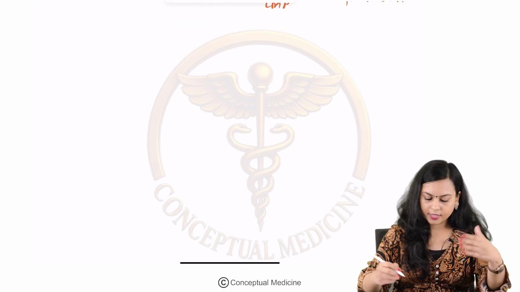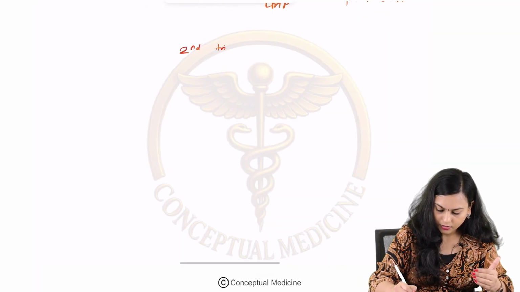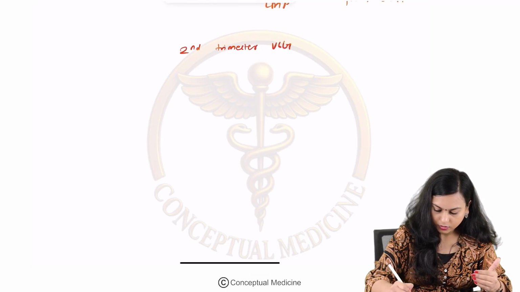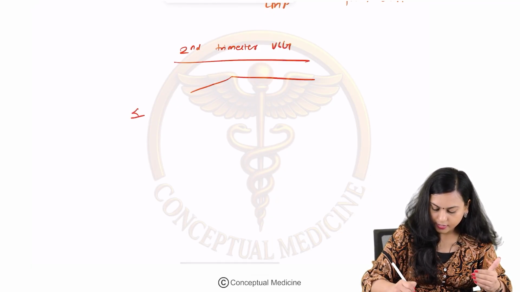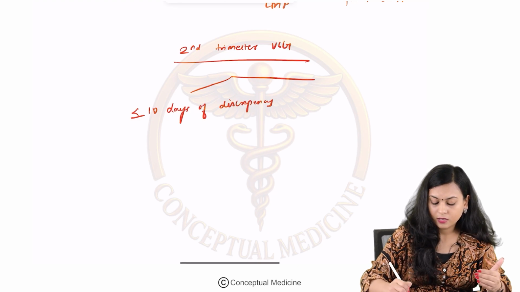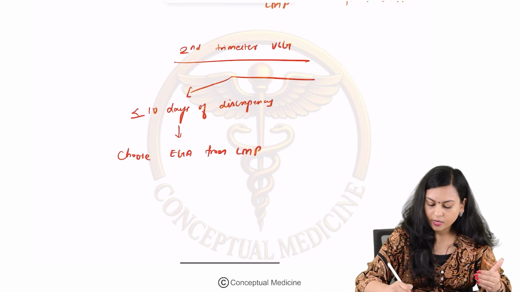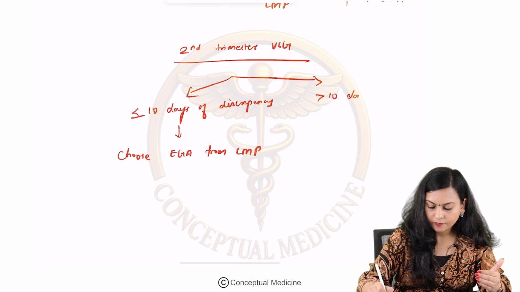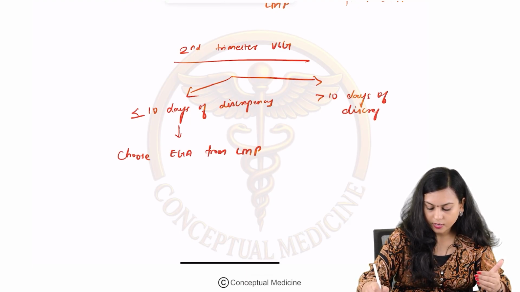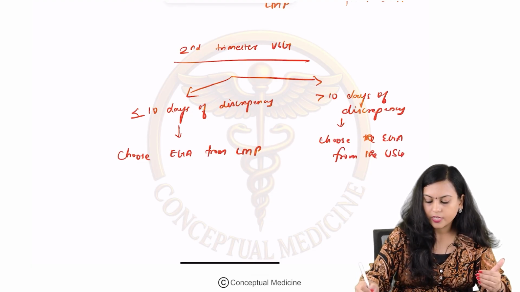Clear? Yes. Similarly, in a second trimester USG, if there is less than or equal to 10 days of discrepancy, yes, you have to choose the estimated gestational age from the LMP itself. And suppose there is more than 10 days of discrepancy, you have to choose the estimated gestational age from the USG data. Okay.